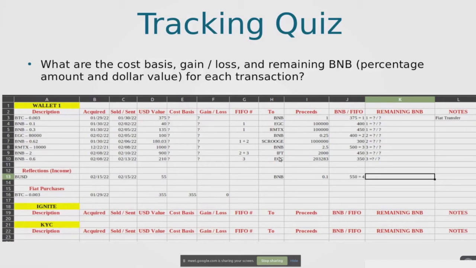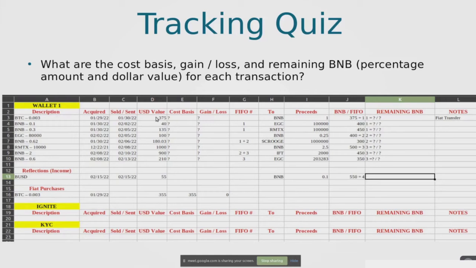The proceeds are obvious. Remember I said I am tracking the BNB value, the dollar value, each time I do a trade. It takes me 2 seconds to figure out. I just note it, because if I ever need to go back, I have it. I'll explain what some of these other extra numbers mean at the same time.